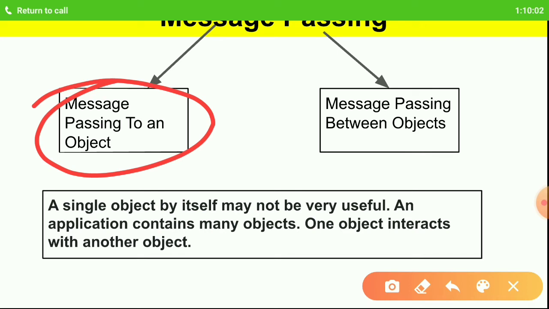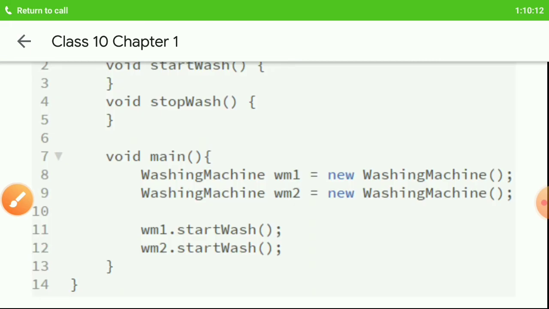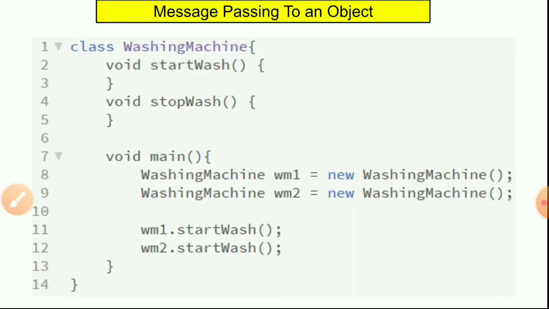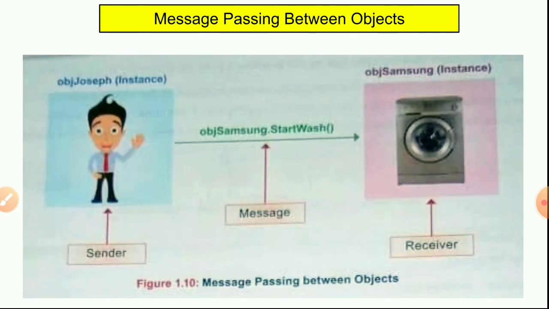Now let's see what is message passing between objects. For this also I've written another code. So let's see what's happening here. This code is actually representing this diagram given in your book. In this diagram we have two objects, isn't it?